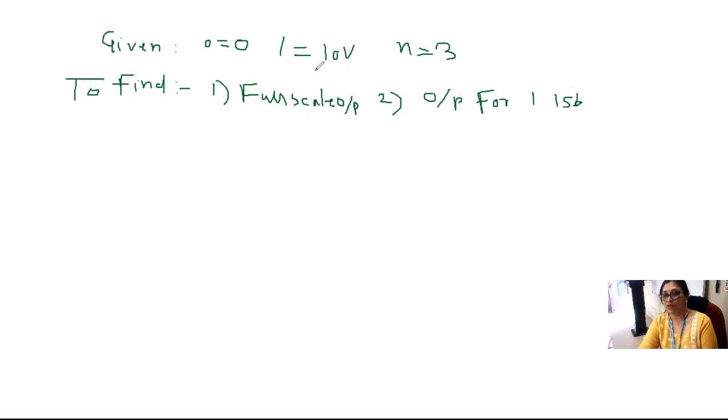Now, can you tell me what is the formula for a 3-bit DAC? V0 2 raised to 0 plus V1 2 raised to 1 plus V2 2 raised to 2, divided by 2 raised to 3 minus 1.